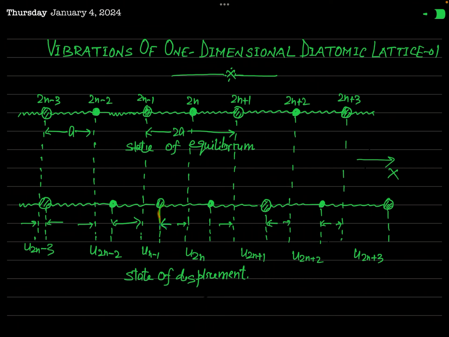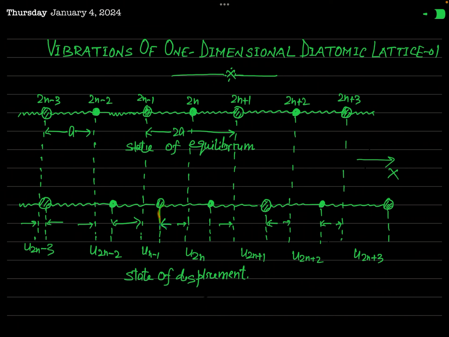For a general result, I have assumed that the two atoms attached to a basis are not identical, but they differ in mass. So you can see here I have considered a one-dimensional linear primitive lattice with basis containing two atoms of mass small m and capital M.